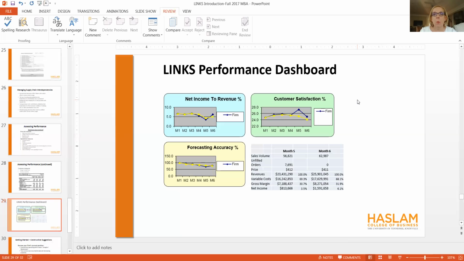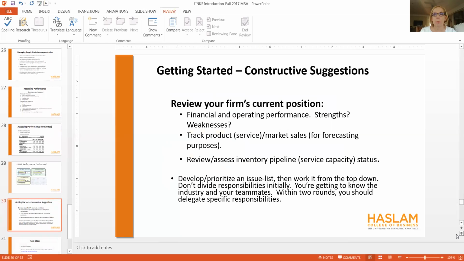Don't reinvent the wheel. This is about the content and not necessarily how pretty it can be. So when it comes to the mid-cycle review and to that final report, avail yourselves of these particular dashboard components to pull into your presentation and your reports if you need to have them shown.